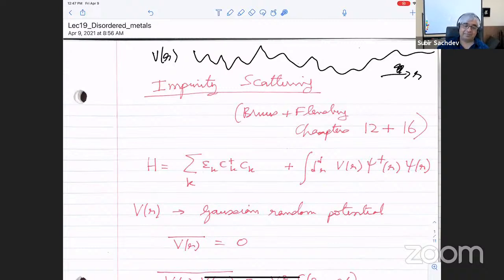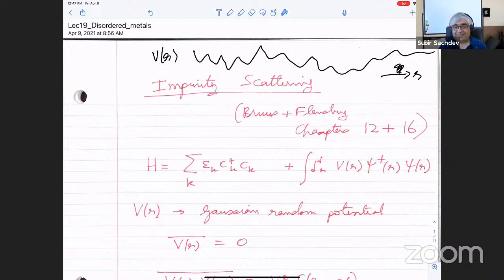If you have a big enough sample, then different regions of the sample have different V of R's, and the electron is extended, going through the entire sample. As it visits all the different parts of the sample, it effectively does an average over V of R. So perhaps just computing the average Green's function over an ensemble of V of R is the same as computing the actual Green's function for a given electron in a given sample. That's the assumption in this whole averaging procedure.